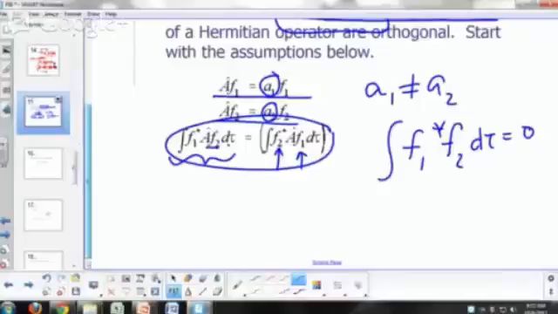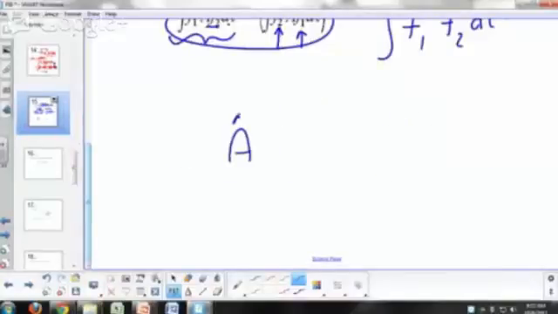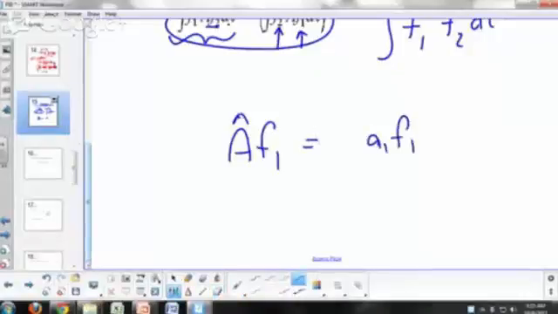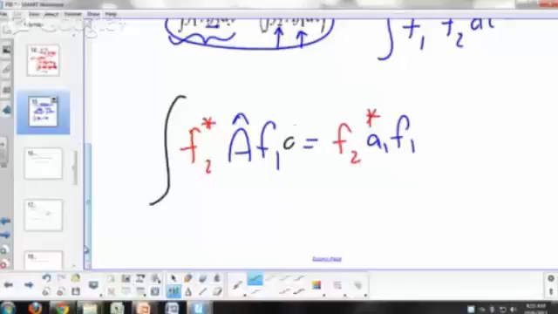Let's start off with a hat f1 equals a1 f1. Let's multiply both sides by f2 star, and then integrate both sides over all possible space.